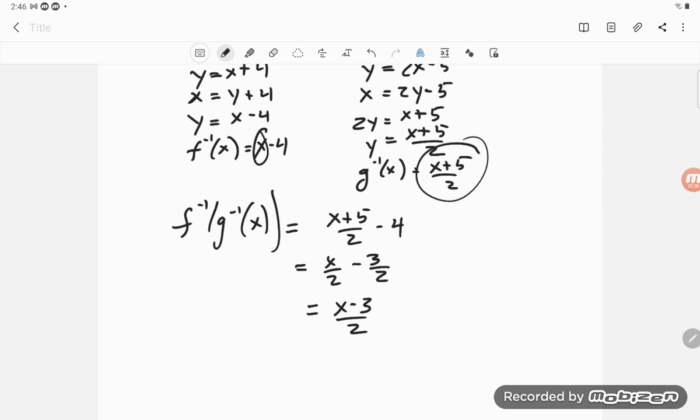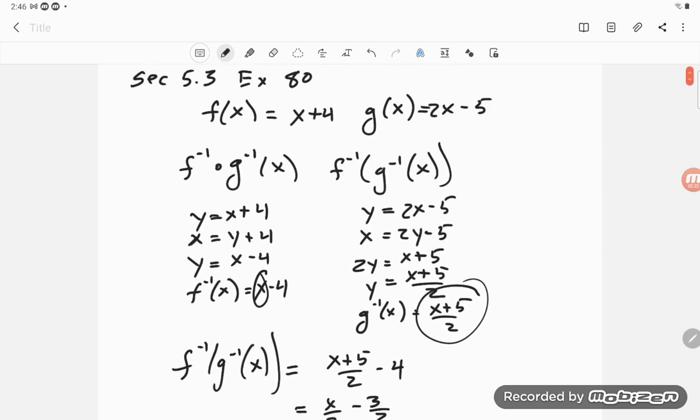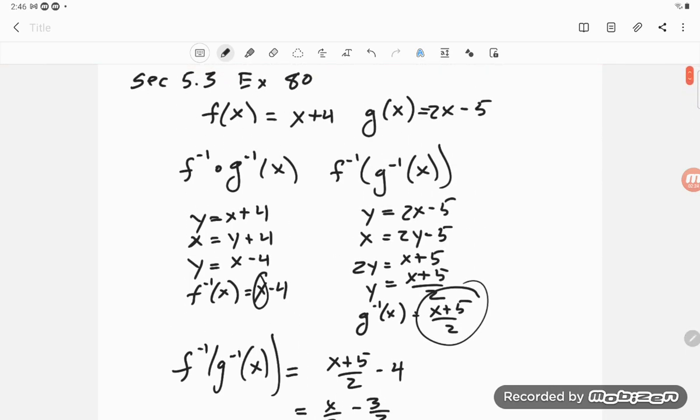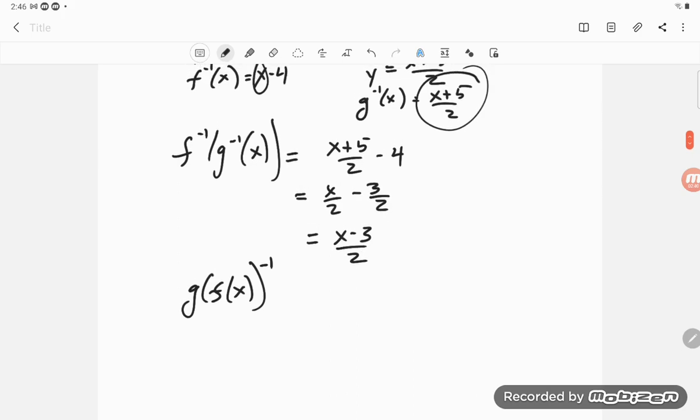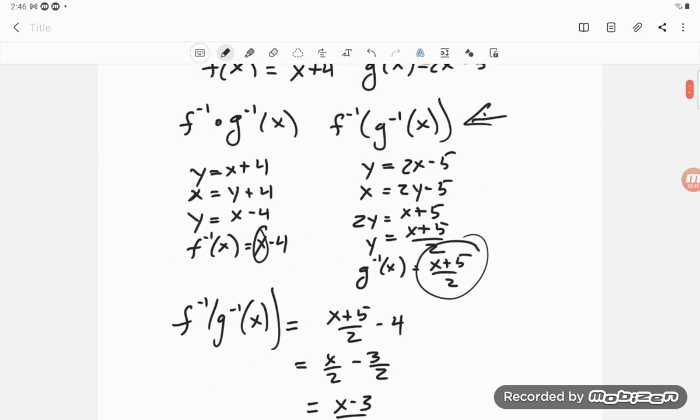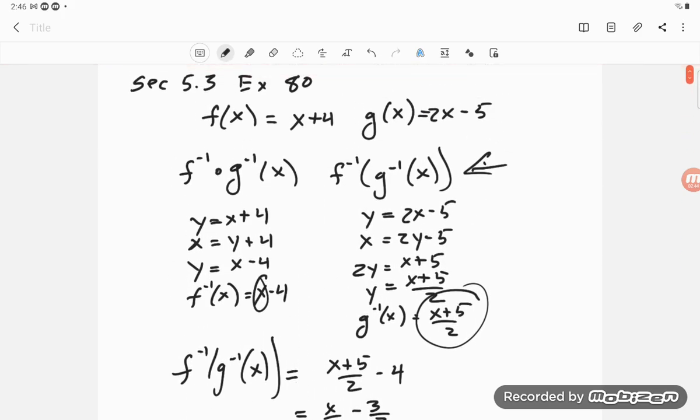Either way is fine. Now, another thing I could have done was this: f inverse of g inverse of x is just the inverse of g of f of x. So I could just find first g of f of x.